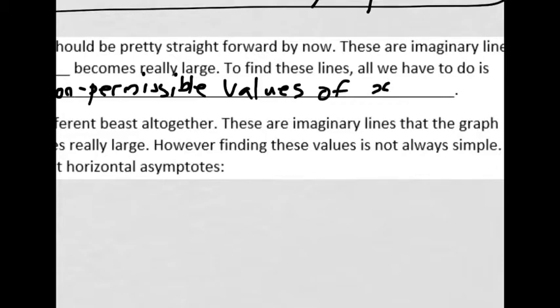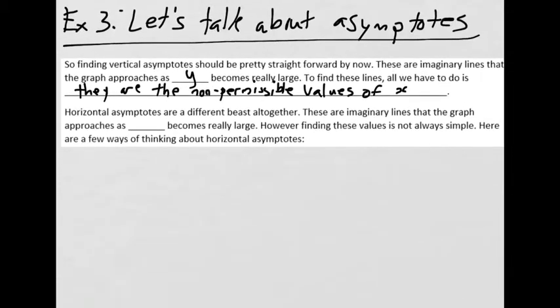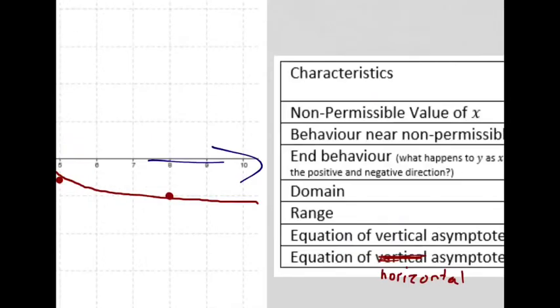Horizontal asymptotes, however, are a different beast altogether. Okay? These are imaginary lines that the graph approaches as what value becomes really large? Last time it was y, so this time it's probably x, right? And you can see that in the graph, right?